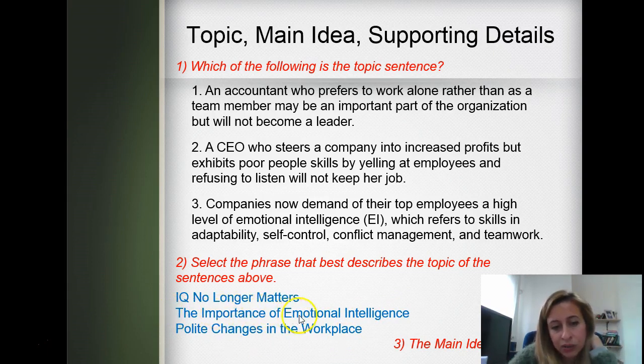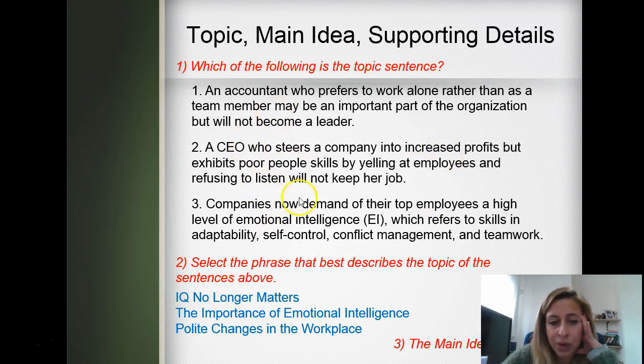So this one, the importance of emotional intelligence, is the topic here. I recommend you stick to the text when you're asked a question about the main idea or topic of the text. Go back to the text and stick to it word by word, because here we don't have IQ.